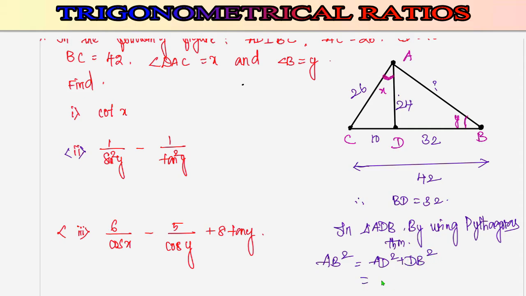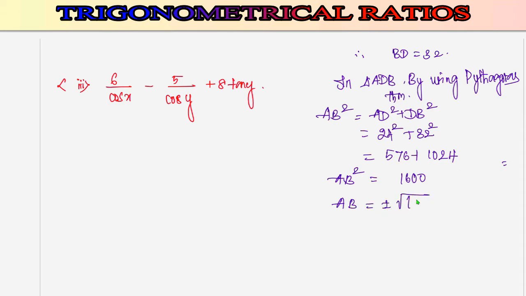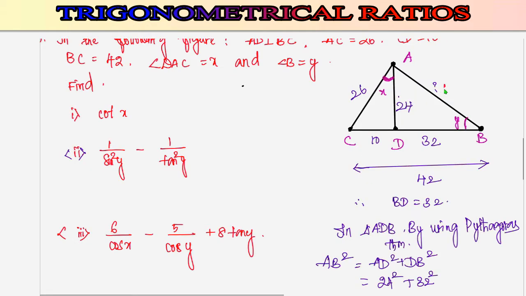So AD square is 24 square plus BD is 32 square. 24 square is 576 plus 32 square is 1024. If we add both here we'll get 1600. So this is AB square. Now AB is equal to plus or minus root of 1600. So finally we got AB is equal to 40. So this is the value of AB. I will substitute it here: the AB value is 40.